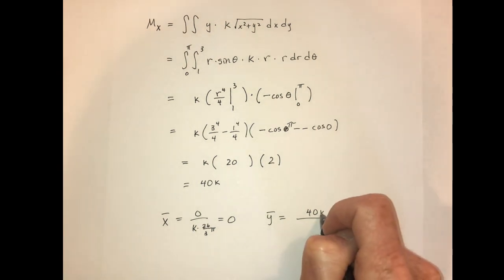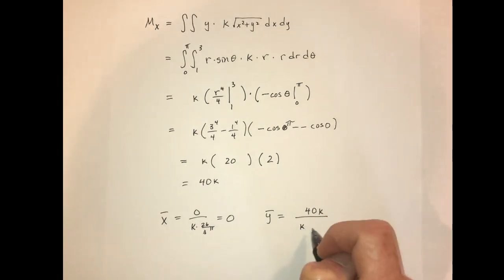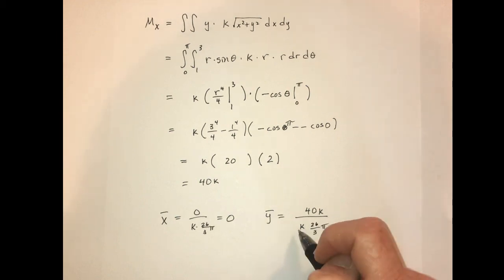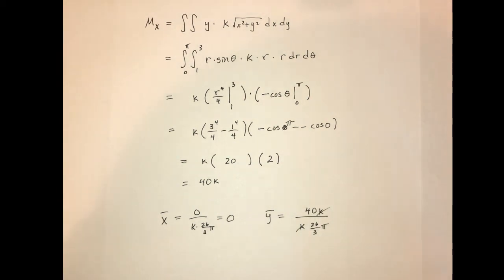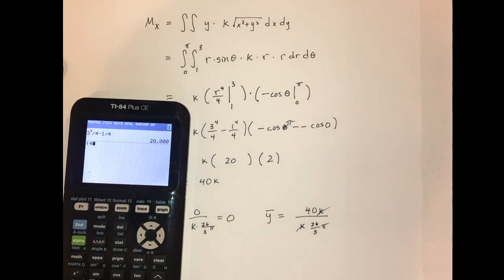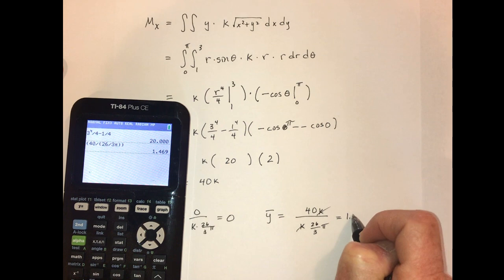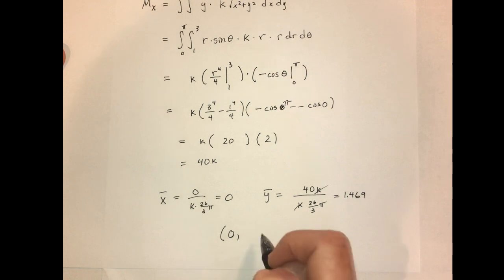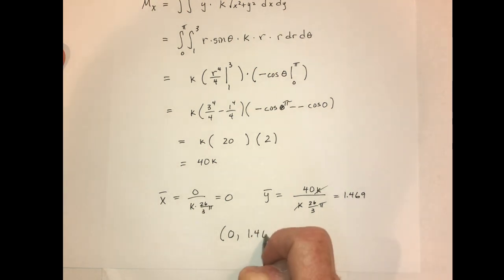Okay, so 40k divided by k times the 26 thirds pi. And this is where the k's can cancel. And then finally, it is 40 divided by 26 thirds pi, and then that does need parentheses. So 1.469. So the point is 0, 1.469.